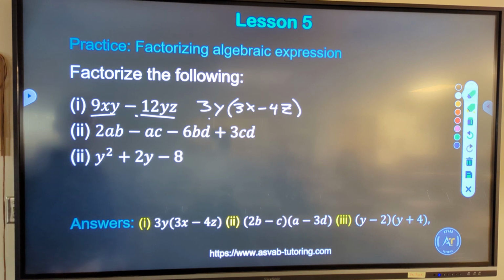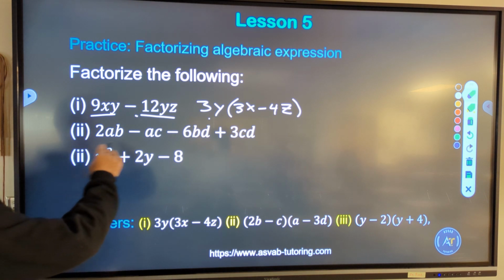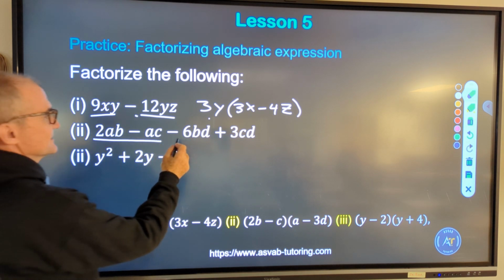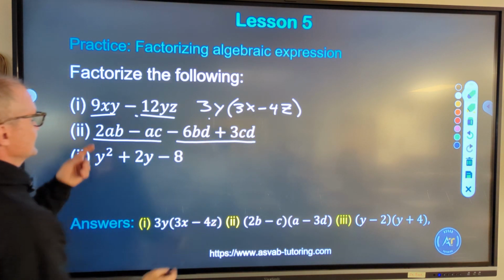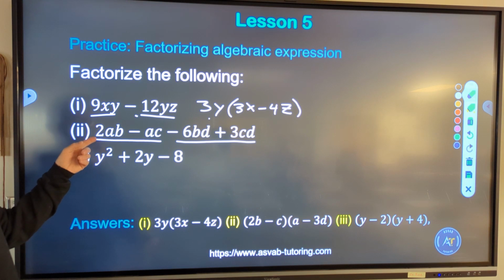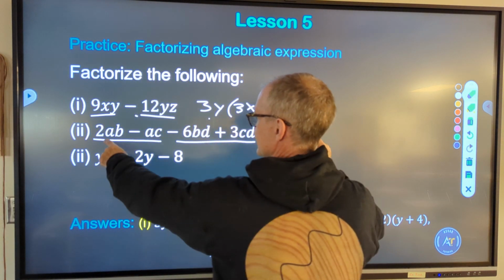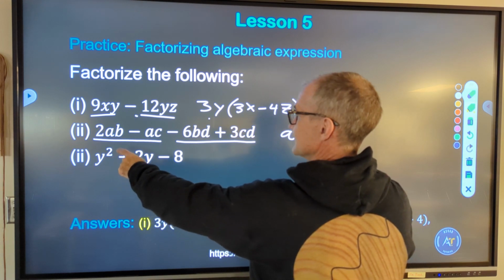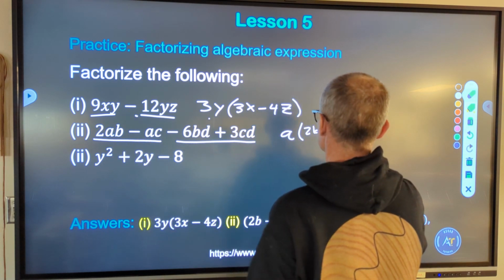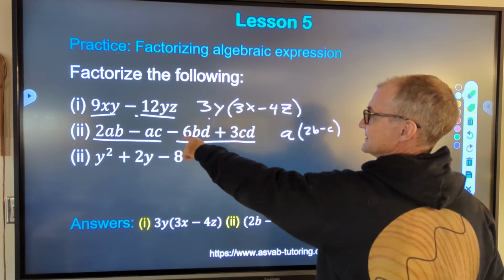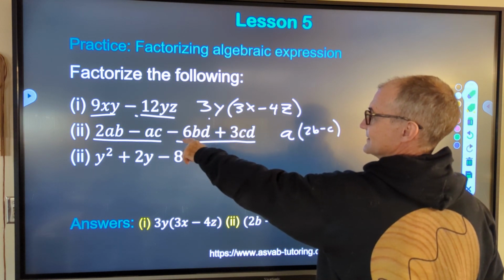Okay, number 2, this one's a little trickier. There's really nothing common in any of these 4 terms, but there's a common term here, and there's a common term here. So what I'm going to do right here is pull that common term out. It's going to be an a. So I'm going to pull that a out front, leaving me with 2b minus c. Then right here, a negative 3 is going to fit into both of those, and a d.